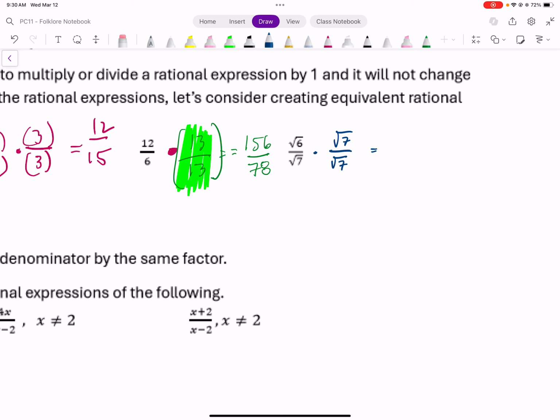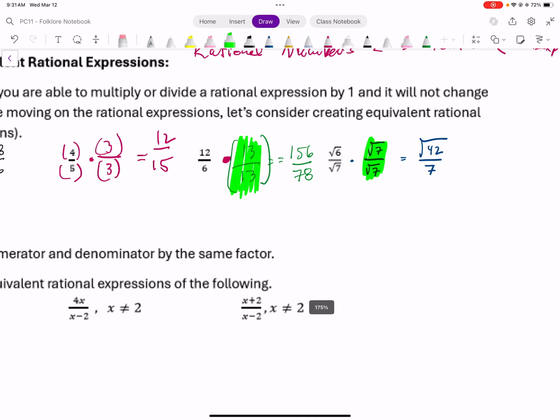I picked √7 because √7 times √7 is equal to 7. Now, √6 times √7 is √42. So that's how we rationalize a denominator, but really, same strategy. It's a rational number, and we're just multiplying by 1.